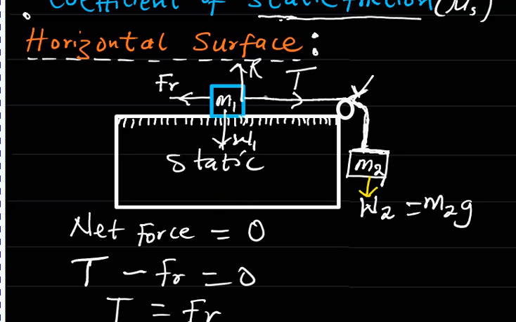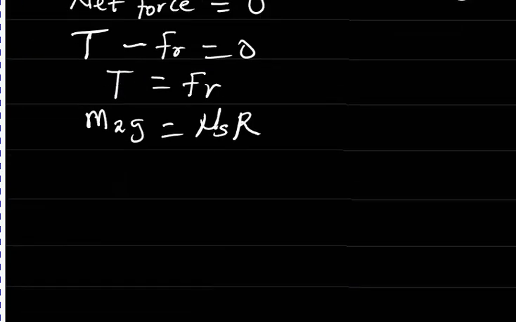So the normal reaction of this surface is equal to the weight of this particular mass on the surface. So let's bring it here. Now we have that m2g is equal to the coefficient of static friction multiplied by the normal reaction, which of course is m1g.